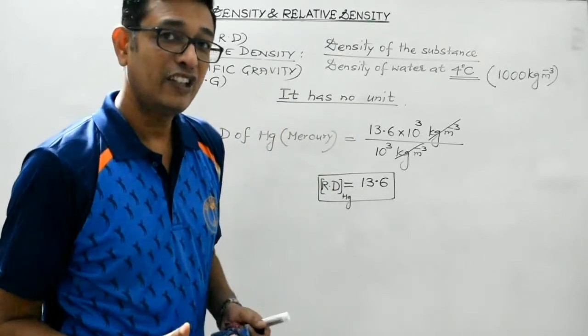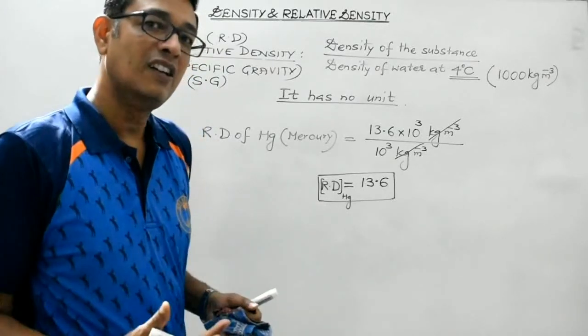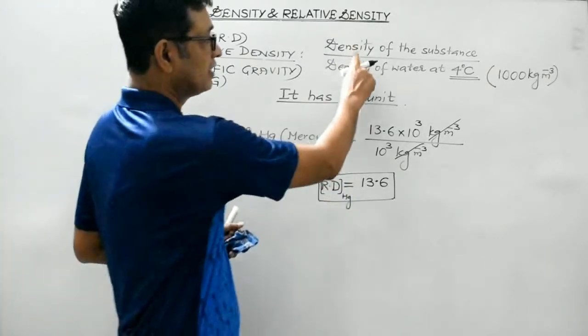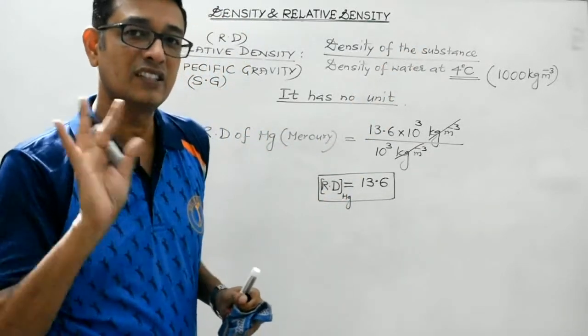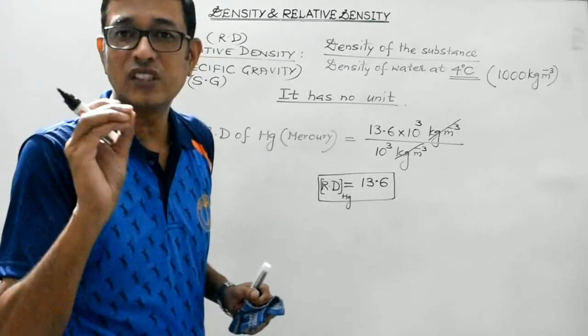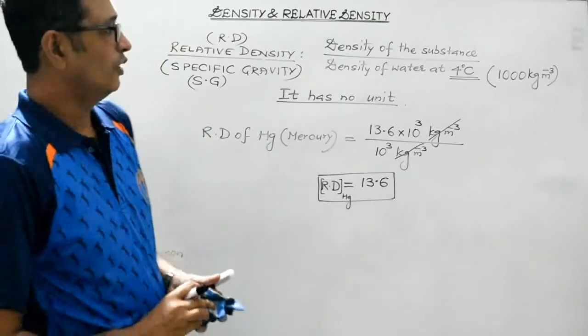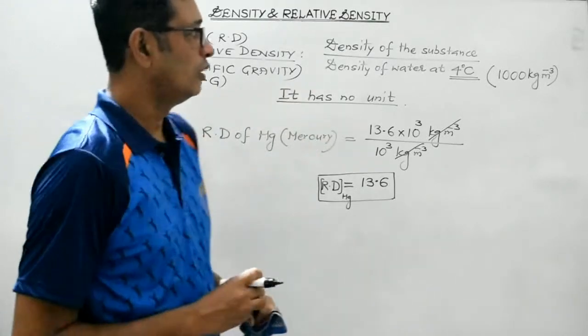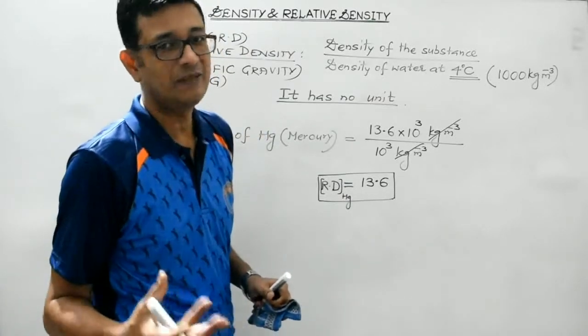The relative density or specific gravity of a substance is defined as the ratio of the density of the substance to the density of water at 4 degrees Celsius, which is maximum and constant, and its value is 1000 kg per meter cube.